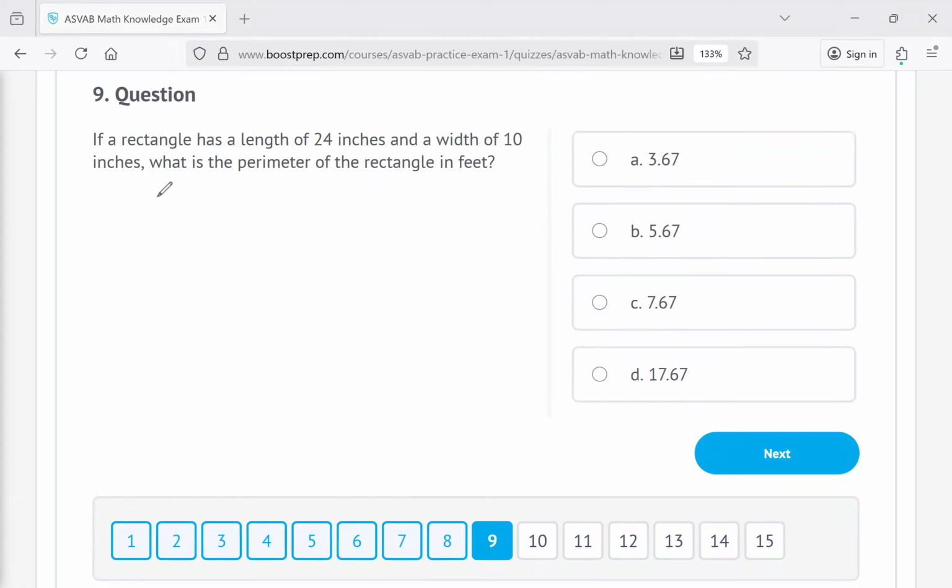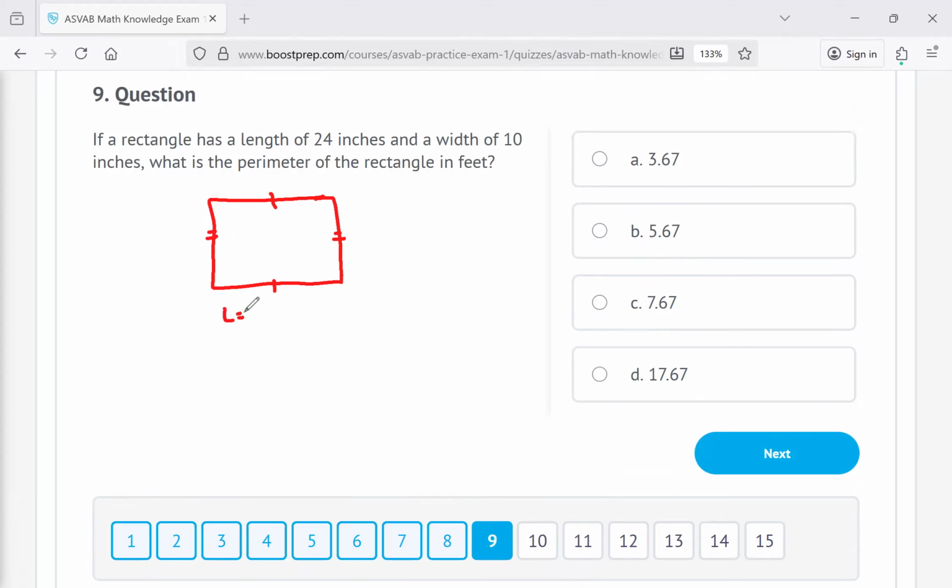Okay. Number 9. If a rectangle has a length of 24 inches and a width of 10 inches, what is the perimeter of the rectangle? Okay, so if you want to draw a rectangle, perfectly fine. A rectangle, unlike a square, none of the sides are the same. Although this side is congruent with this side, and this side is congruent with this side. That's it.